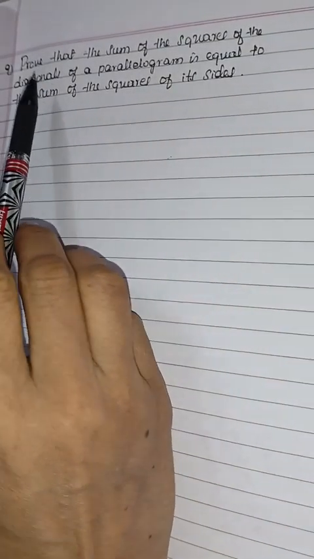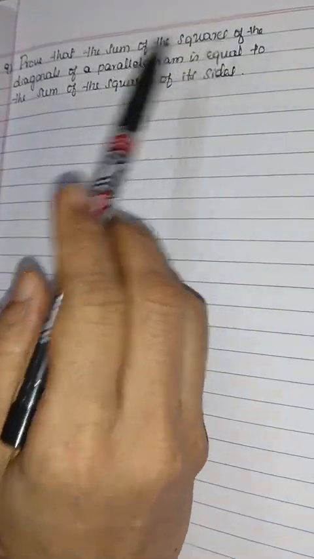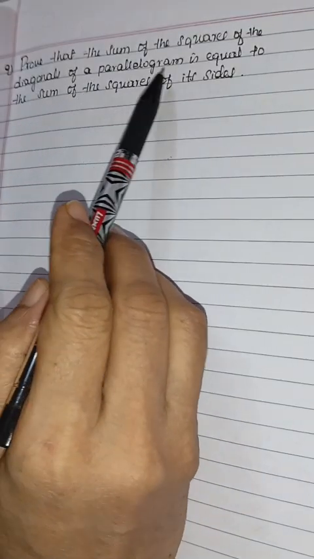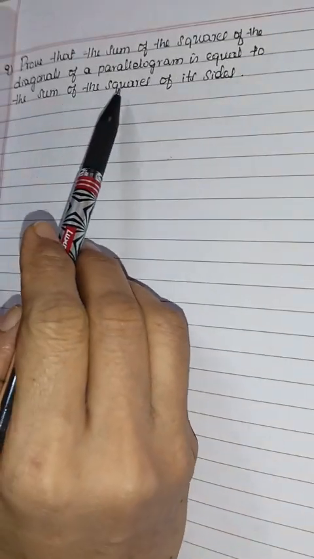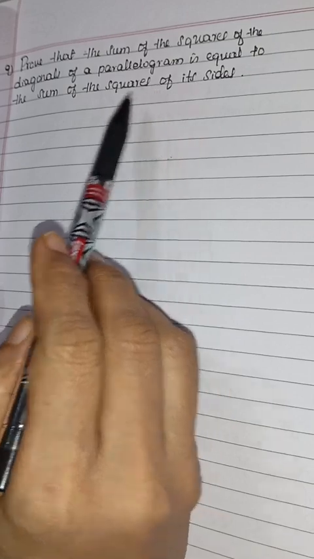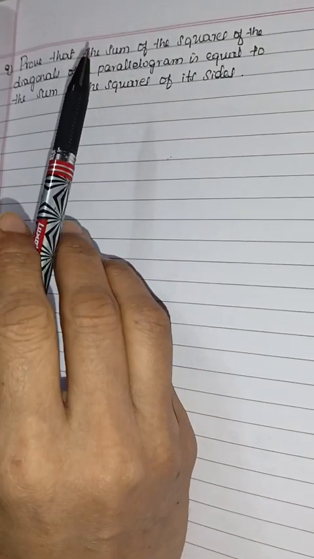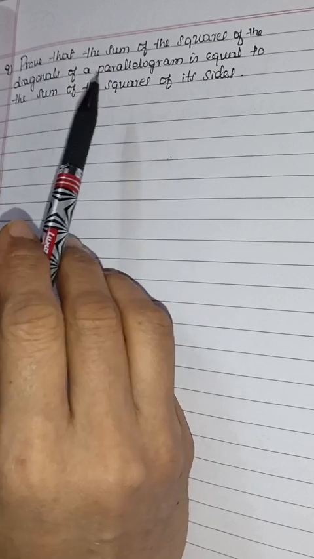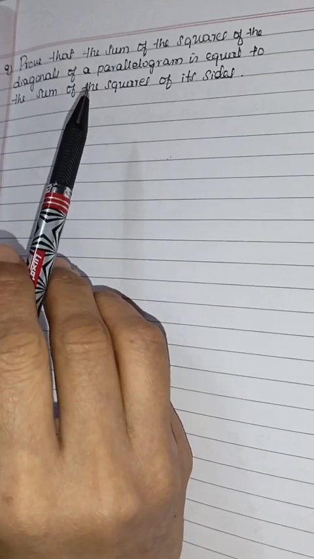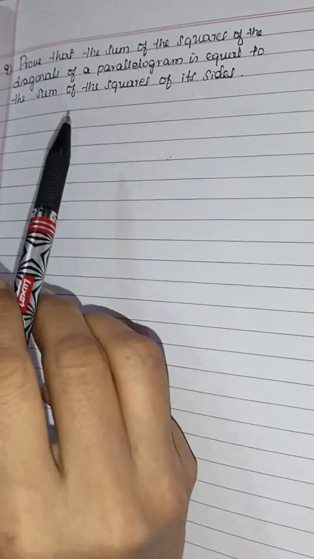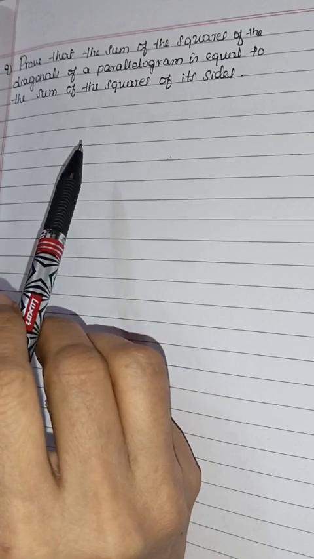Ninth one: prove that the sum of the squares of the diagonals of a parallelogram is equal to the sum of the squares of its sides. What is a parallelogram? A parallelogram is a quadrilateral, with 4 sides, in which two pairs of opposite sides are of equal length and parallel.